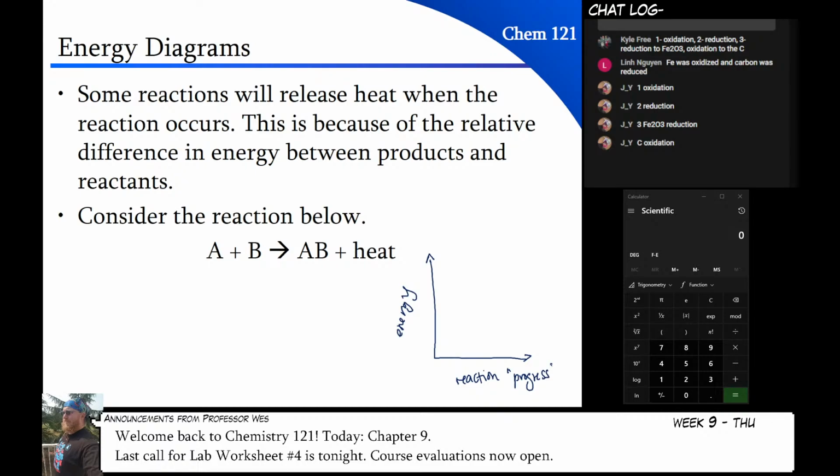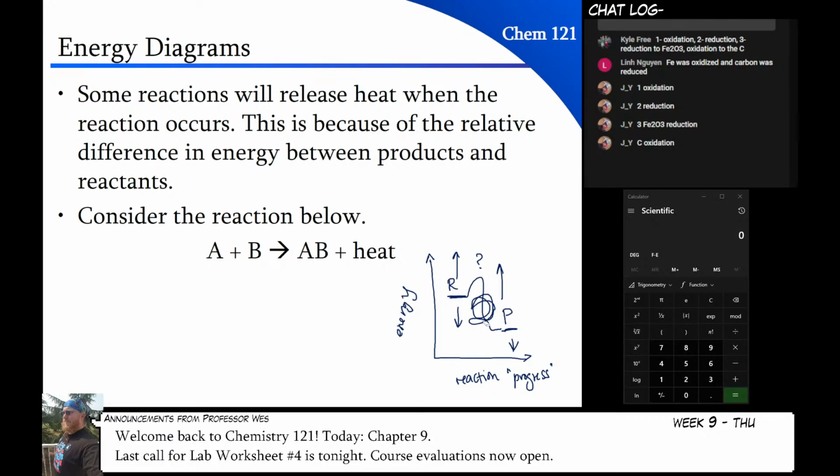And so what we're going to do is we're going to have some lines for reactants and products relative to whatever the reaction is going to tell us. And so these could be up or down. And then there's going to be some sort of curve in the middle to connect them. And our job is to understand what this curve looks like and why it looks like that.